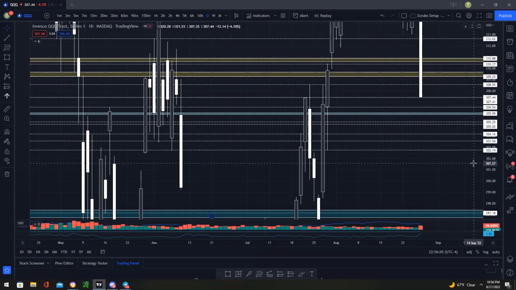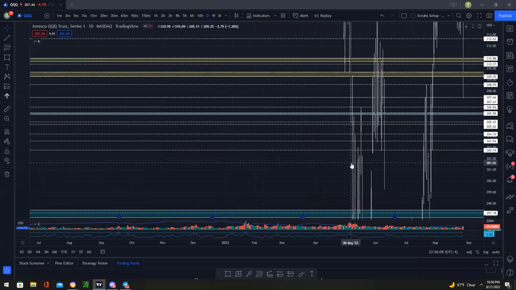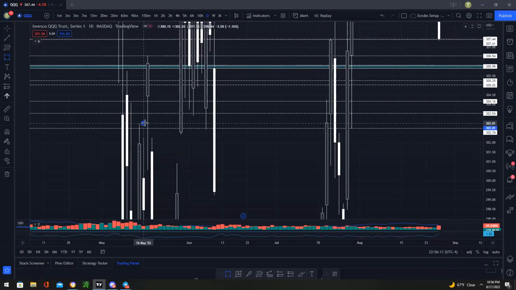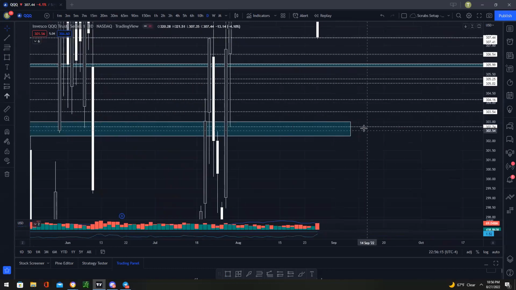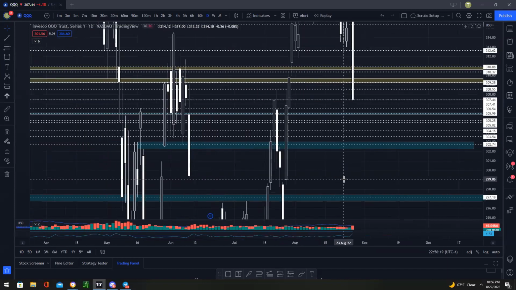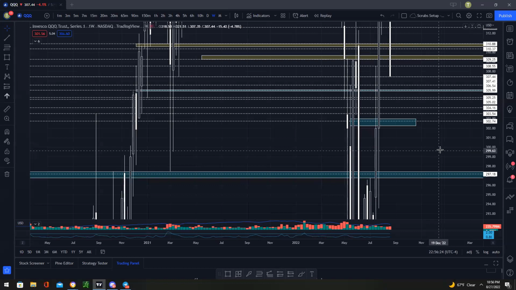Right there. Yeah. So 1 touch, 2, 3, 4. So this is another zone. Boom, boom, boom. So 303, 302 area, and then something down here as well. There you go.